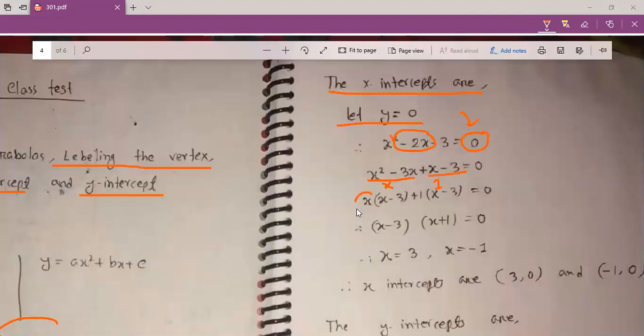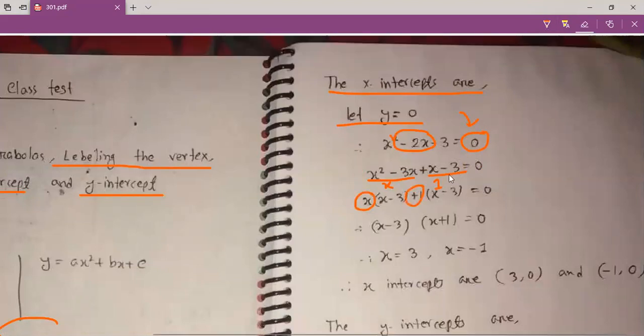This is called x common. So if we divide by x here, this will be only x, and if we divide x here, this x and this x will get cancelled. So we find x minus 3. And if we divide by x, we must multiply by x, right? So this is x into x minus 3. The final result is x into x minus 3.